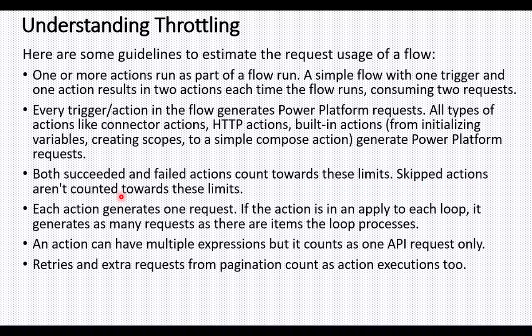Skipped actions aren't counted towards these limits. Each action generates one request. If the action is in an apply to each loop, it generates as many requests as there are items the loop processes. So this is also a very important point. An action can have multiple expressions, but it counts as one API request only. Okay. And retries and extra requests from pagination count as action executions too.